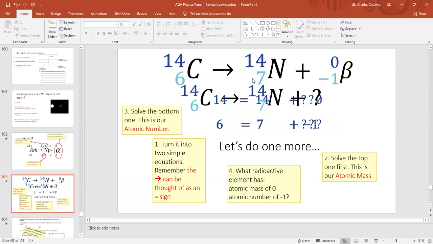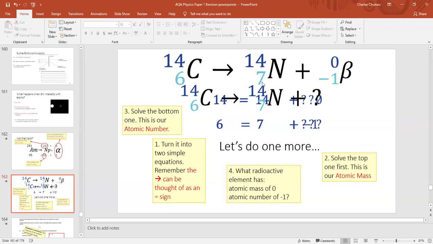You remember when I told you about beta particles, right? That beta radiation is electrons, that the mass number is 0 and the atomic number is -1. So let's look at how that plays out in balancing this equation.